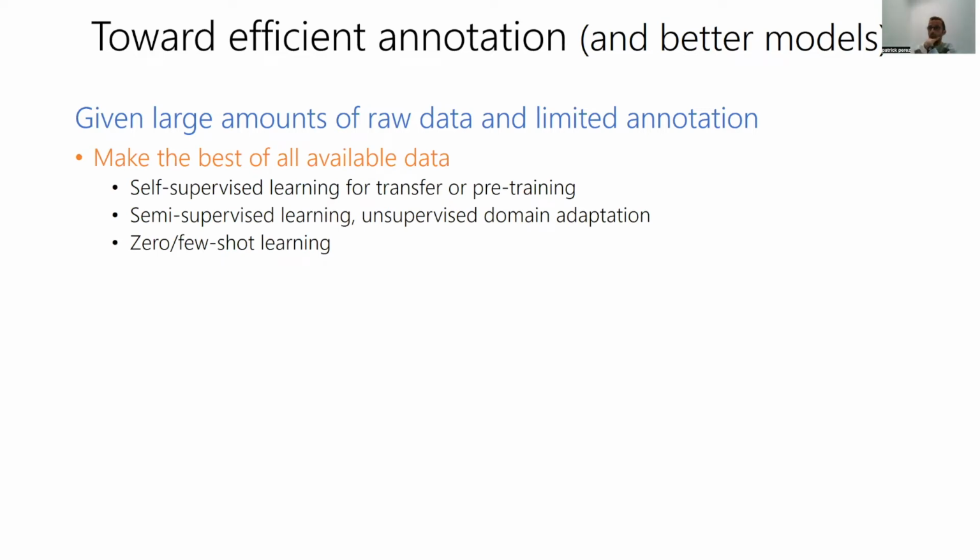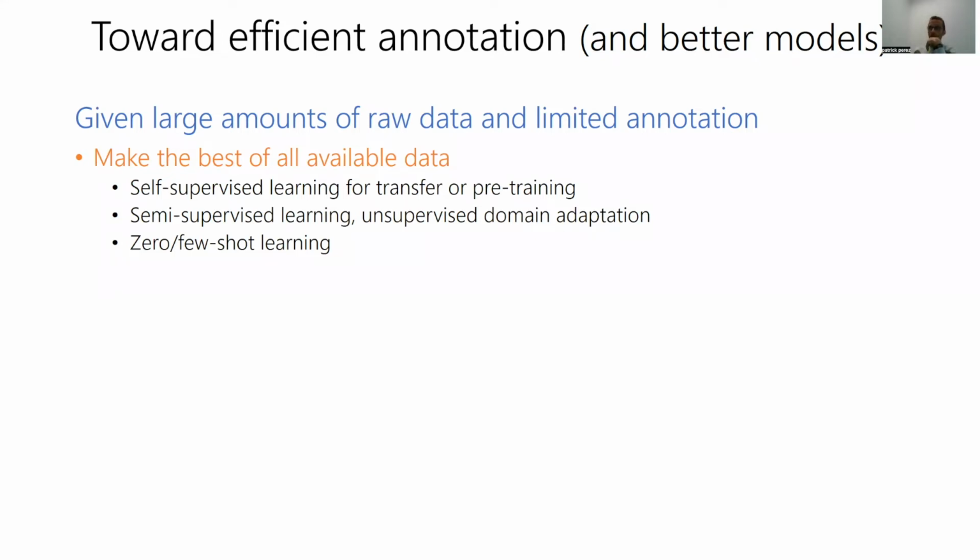First of all, you try and make the best of whatever you have. You can do that with, of course, fully supervised learning on the annotated part of your data. But for the rest, you can do self-supervised representation learning that you can then use as such, or you can fine-tune for your downstream tasks.